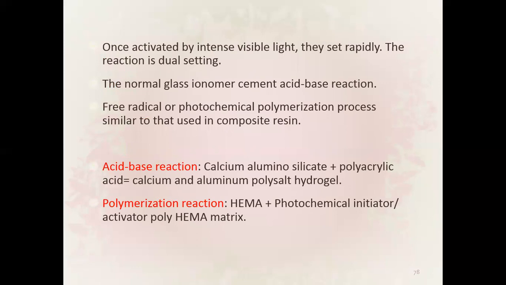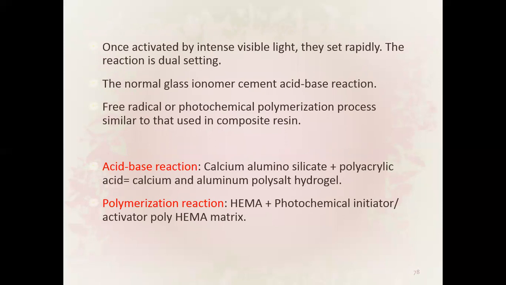Once activated by intense visible light, they set rapidly. The reaction is dual setting: the normal glass ionomer cement acid-base reaction, and a free radical or photochemical polymerization process similar to that used in composite resin. Now, acid-base reaction: calcium aluminosilicate plus polyacrylic acid gives calcium and aluminum polysalt hydrogel.